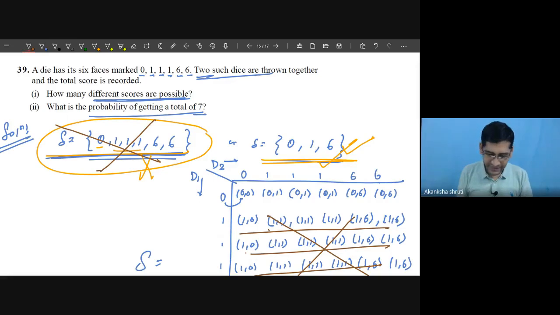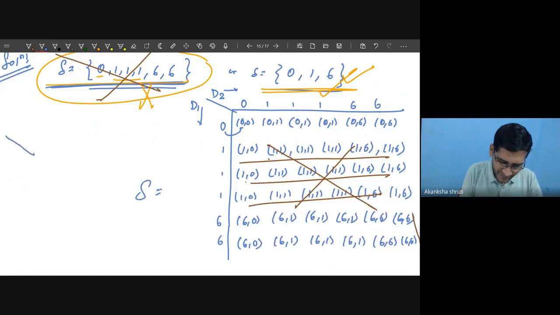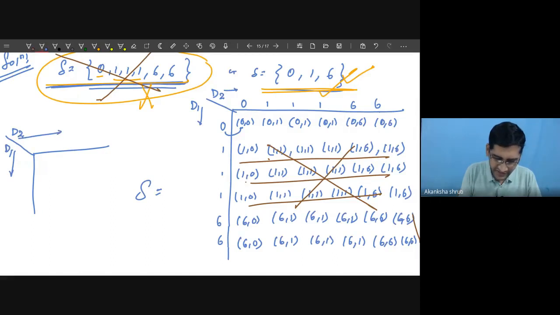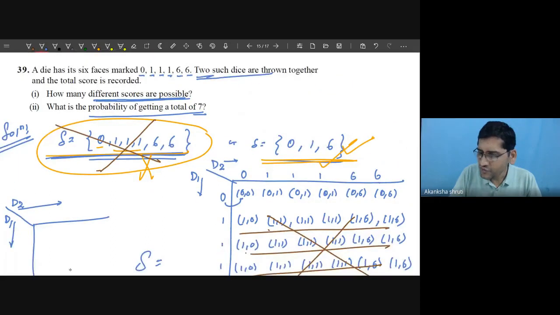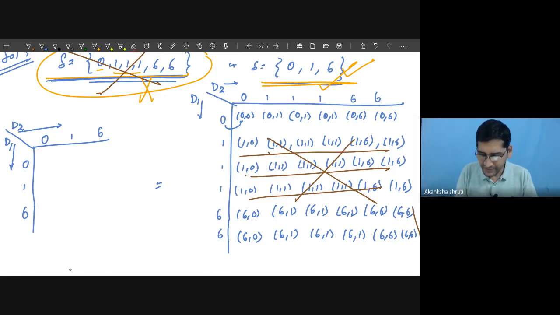So our required sample space, even if the numbers are same, becomes more convenient, students. So write this as D2 and D1 here, one in this direction, another in this direction. So we can have 0, 1 and 6. So put this as 0, 1 and 6. On the other die also 0, 1 and 6. Only these you have to take. That's all. So that's why it becomes more convenient.